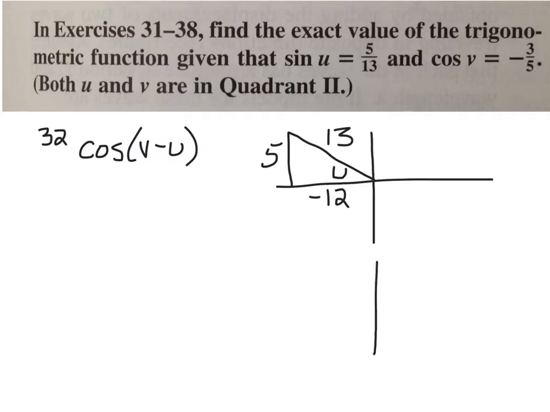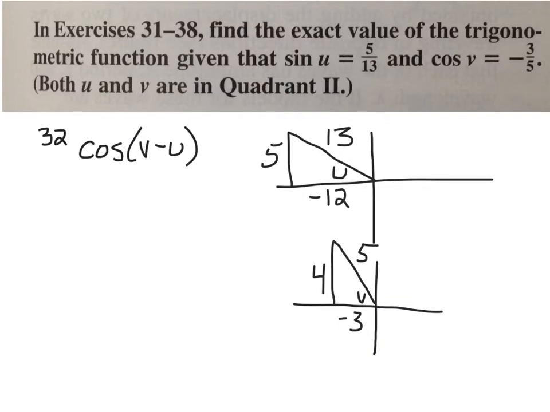And we'll do the other one as V. They say that it's negative 3 over 5, and SOHCAHTOA again, cosine is adjacent over hypotenuse, so negative 3 over hypotenuse. This would be a 3, 4, 5 triangle, but of course you can find the missing side on that one the same way by using the Pythagorean theorem.